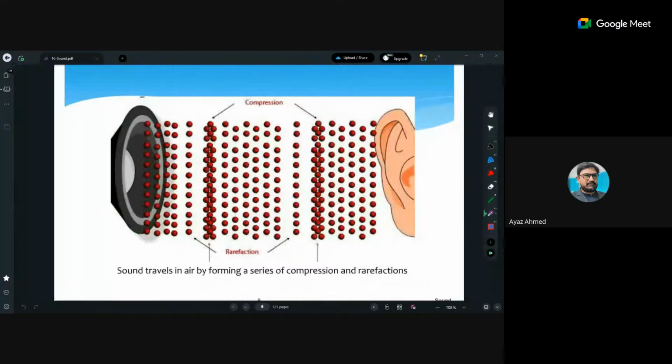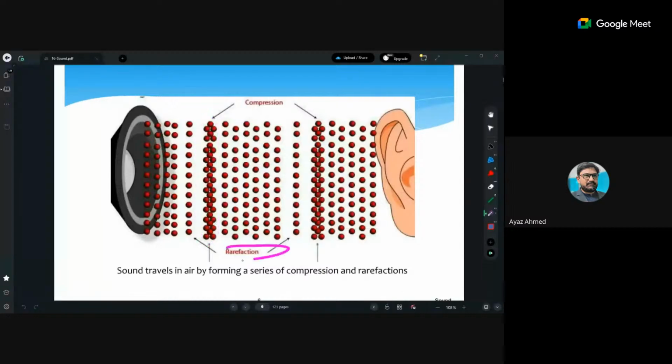Just see this diagram. This is the sound source, which is basically vibrating. If it would be a GIF file, then definitely you would see the vibration of the particles, but it is just static. So here the particles have the maximum pressure because they are closer to each other. That's why it is called compression.